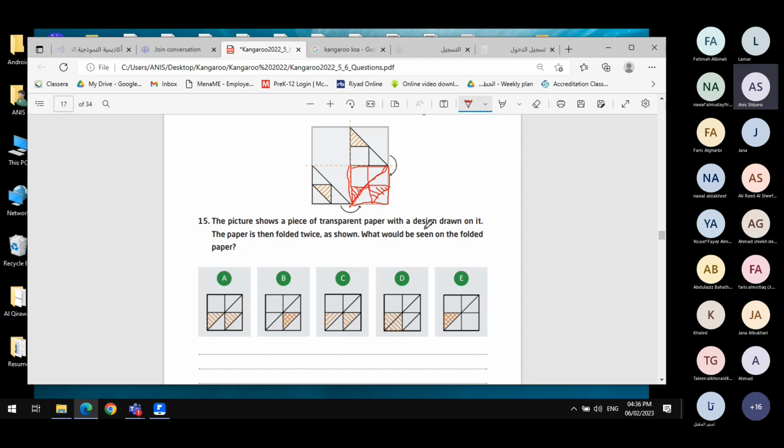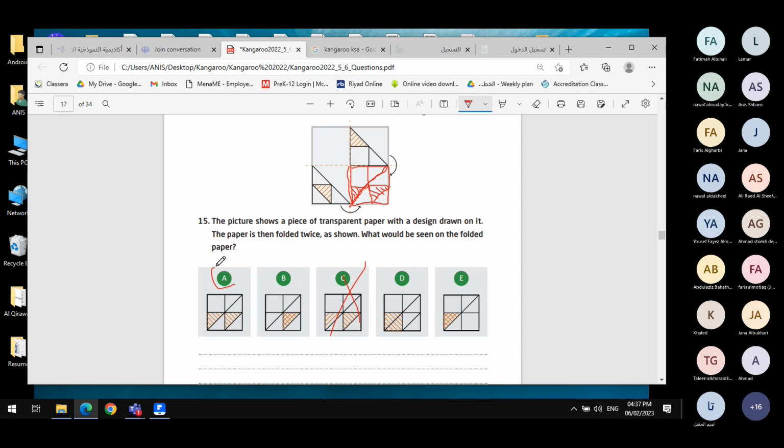So our answer will look like which choice? C. Look at the arrows inside. They are horizontal, but I have vertical arrows. Oh yes, I'm going to cross it.